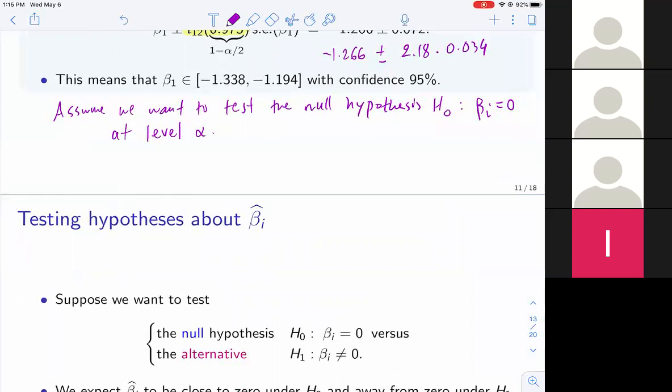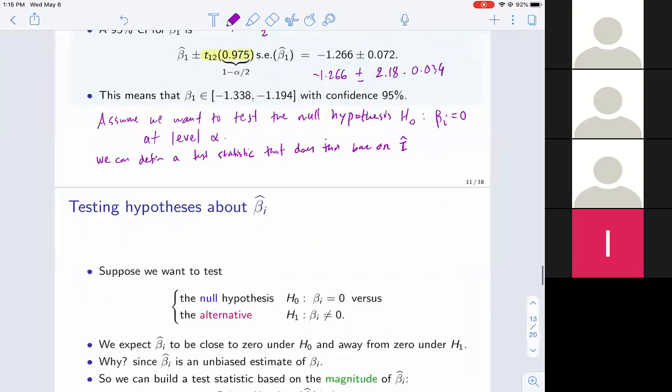test, so you can divide. So we can define a test statistic that does this based on the interval for beta I, which is just beta hat I plus minus gamma times the standard error of beta hat I. So if you look at this interval, we reject H naught if 0 does not belong to this interval.